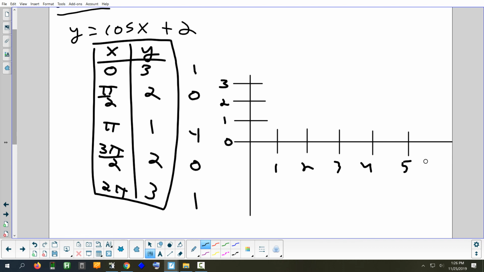It goes up to like 6.28, so we don't want to deal with that. So 0, 1, 2, 3, 4, 5. And now plot your points. 3, 2, 1, 2, 3.